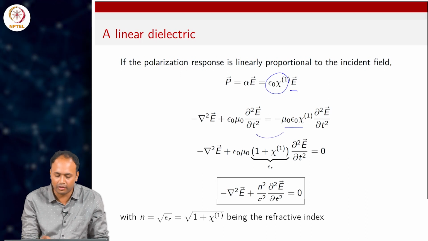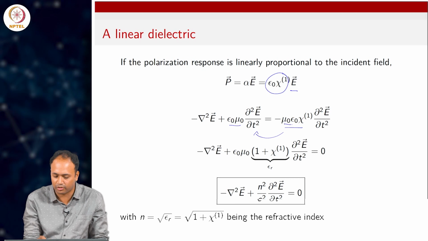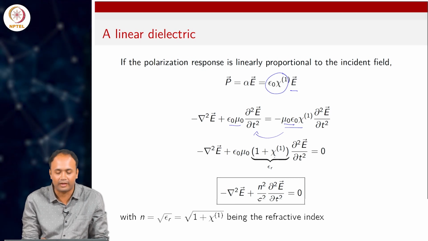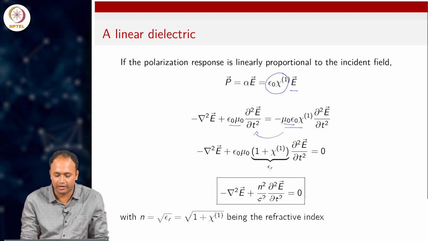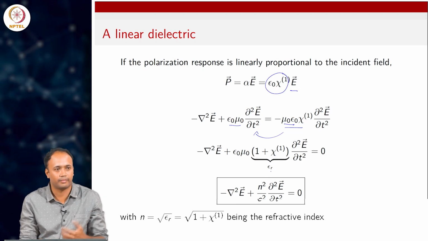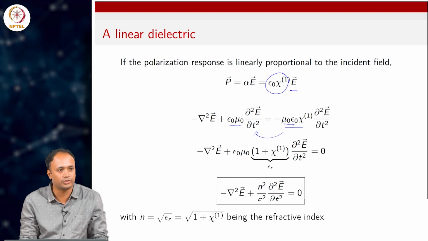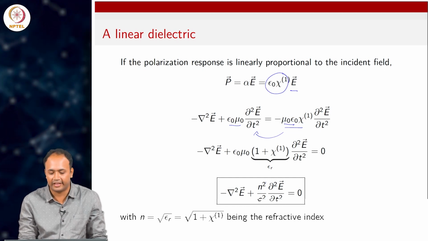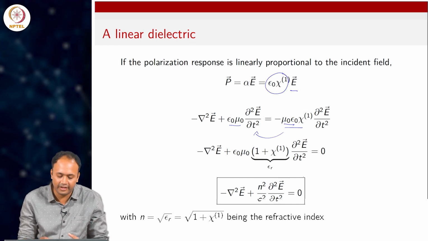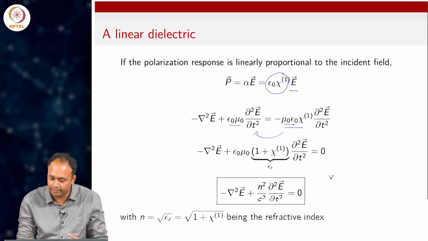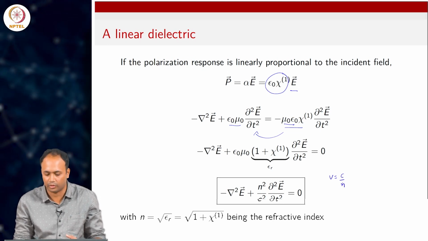Now you bring this onto the left hand side, and you take this mu naught epsilon naught as common, and you get 1 plus chi 1, and this 1 plus chi 1 you write as the relative permittivity, and the square root of that relative permittivity gives you the refractive index, and therefore you see that in a linear dielectric medium you have the wave equation, but with the velocity being c by n, okay.